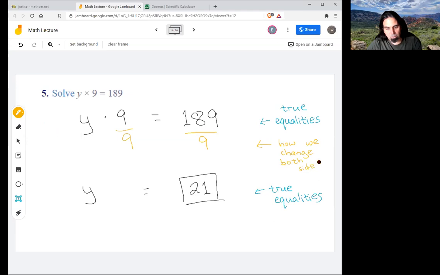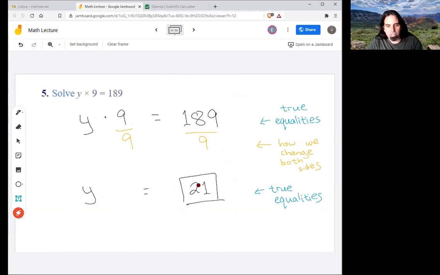And as we go through our steps, we go alternating back and forth. Here's something that's true. Whatever number this is, if I multiply it by 9, I get 189. Now we're changing things. We're describing how we're changing them. And now I have something else that's true. I have a number that's equal to 21.